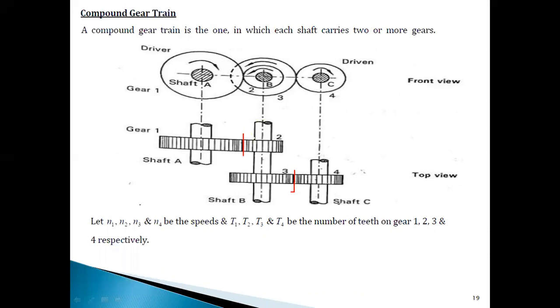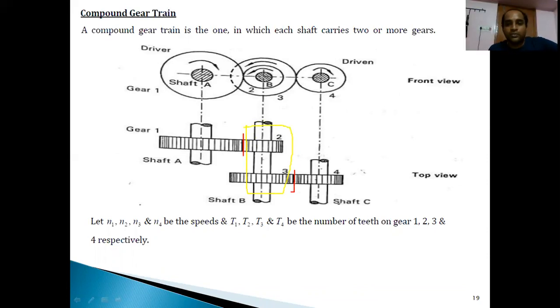Both gear 2 and gear 3 are present on the same shaft B. So now we have to derive the velocity ratio for a compound gear train.